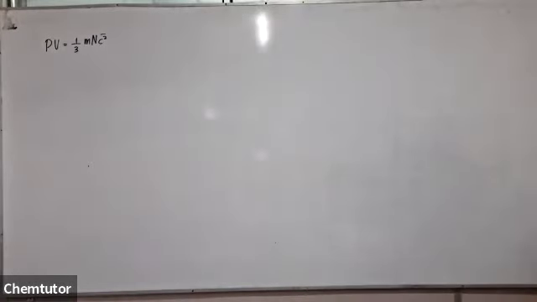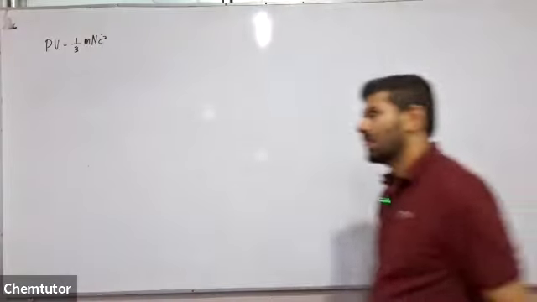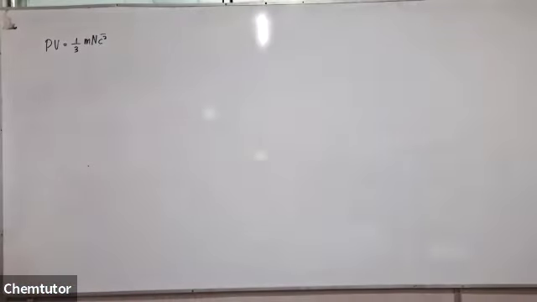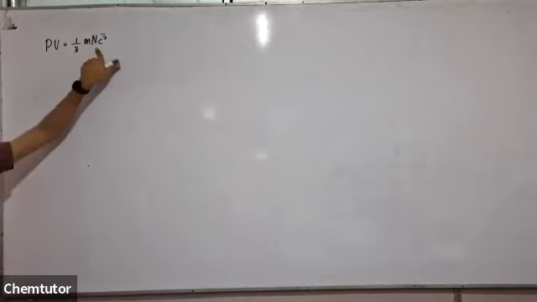Then N is the number of molecules, and we know that N equals simple n times N_A. What is simple n? Simple n is the number of moles. Capital N is the number of molecules.